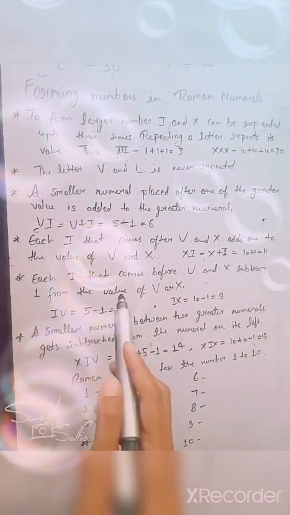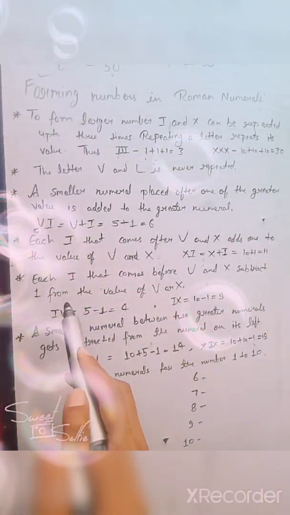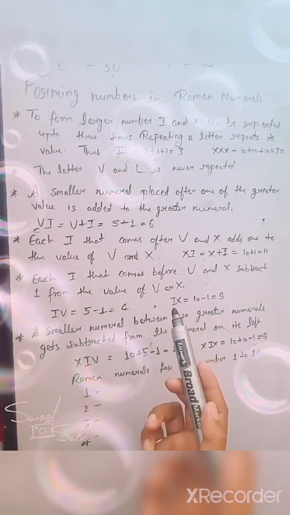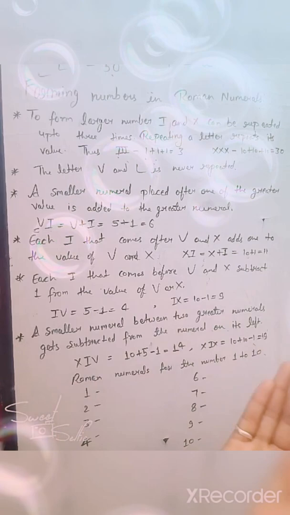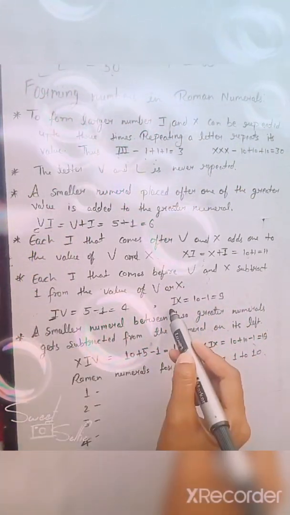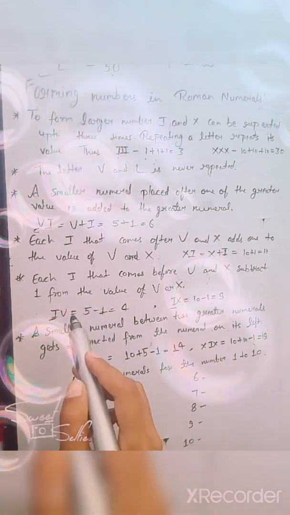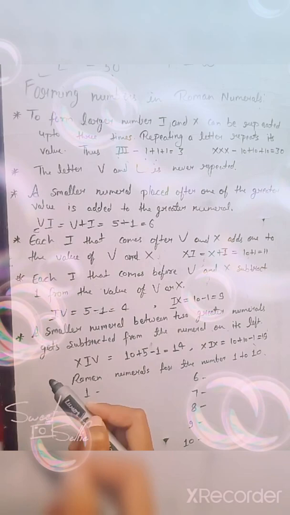Each I that comes before V and X subtracts 1 from the value of V or X. प्रत्येक I जो V और X के पहले आता है, वहाँ पे उस V और X में से हम I की वैल्यू को माइनस करते हैं.